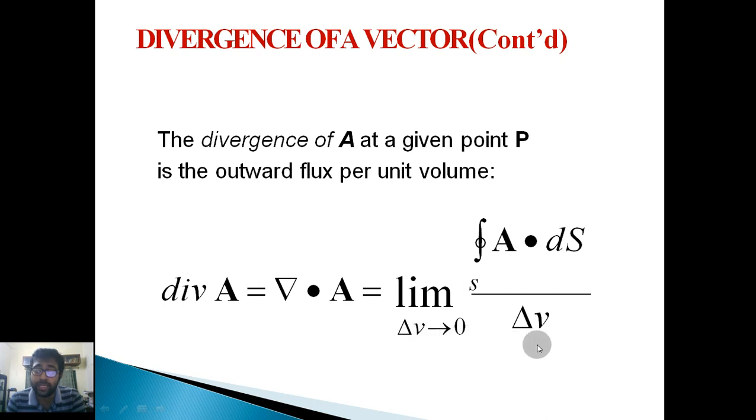It means we have taken a very infinitesimally small volume in the space where this vector is continuous. So this is the total mathematical representation of the divergence of a vector. It means the divergence of a vector at a given point P is the outward flux per unit volume.